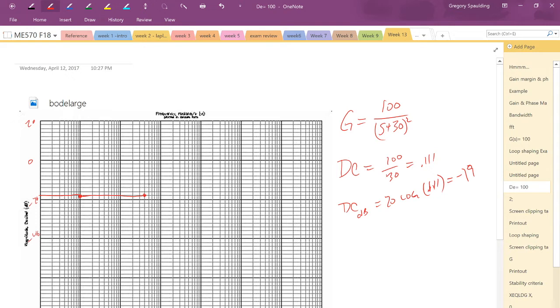And at 30, we've got two poles in here. And so we're going to break twice, two single poles break twice. So we're going to end up with a minus 40 change in slope. So one here to there. So we're going to end up something like this, this being a minus 40 dB per decade slope.